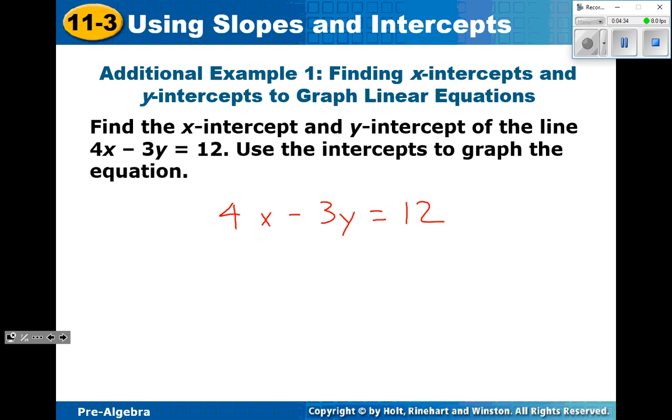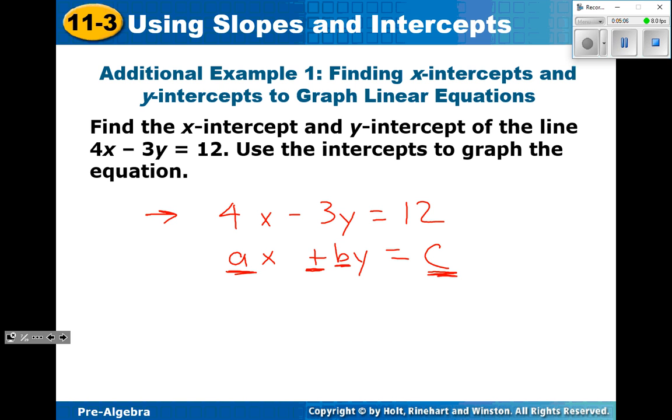Now I want to back up just a little bit and show you a very quick shorthand way of finding the x and y-intercept. This form right here is called standard form, and it's expressed this way: ax plus by equals c. And all that means is some number x, plus in this case it's minus, so it's plus a negative, some number y, equals some number.